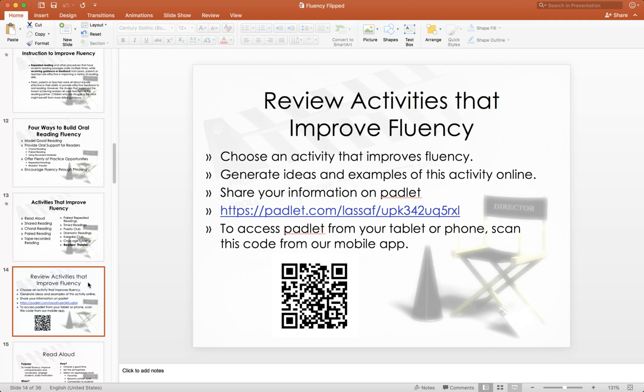So we're all familiar with Padlet. What I provided here was a URL link, and I also have the QR code here. So if you have your phone or your tablet, you can scan this QR code and it should take you to Padlet.